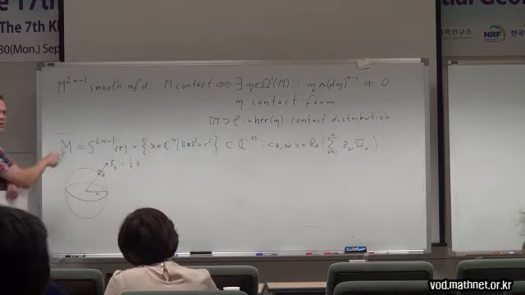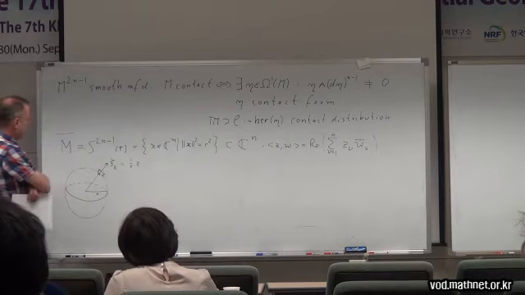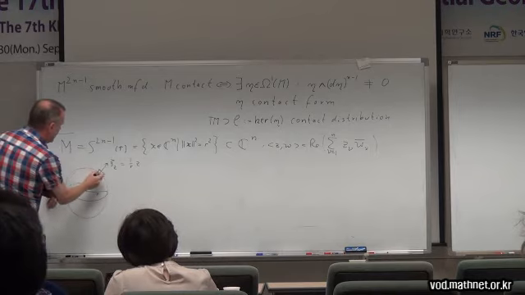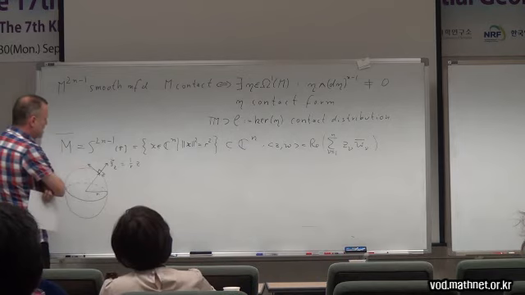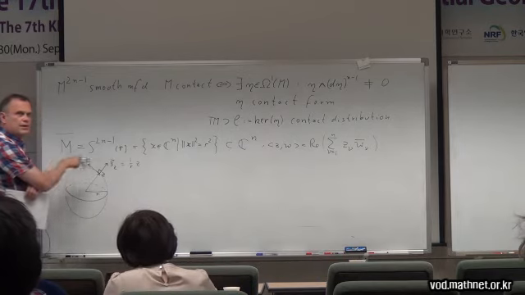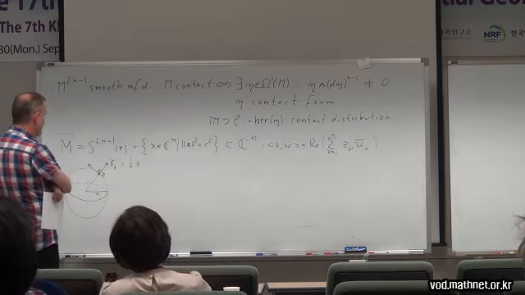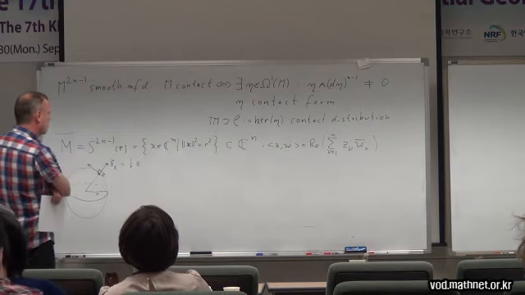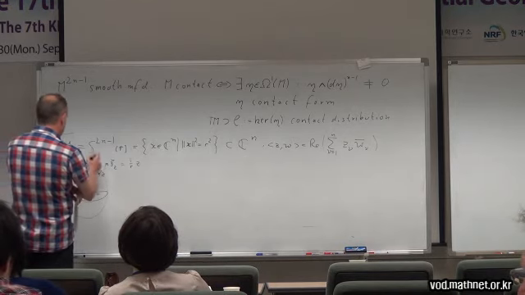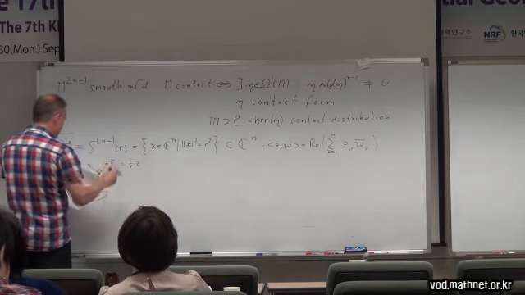So this gives us a unit normal. And then we get a tangent vector by multiplying this with the complex structure, or with the I on Cn.